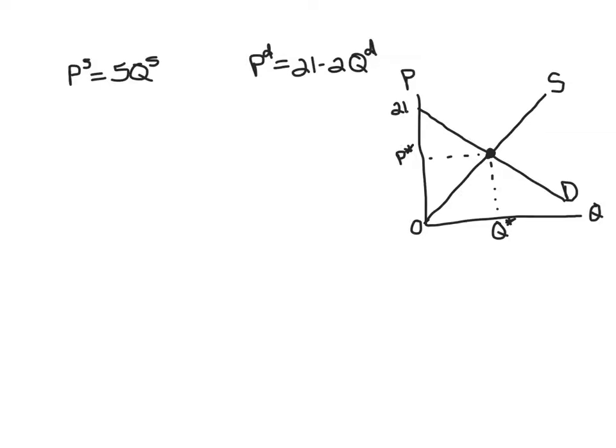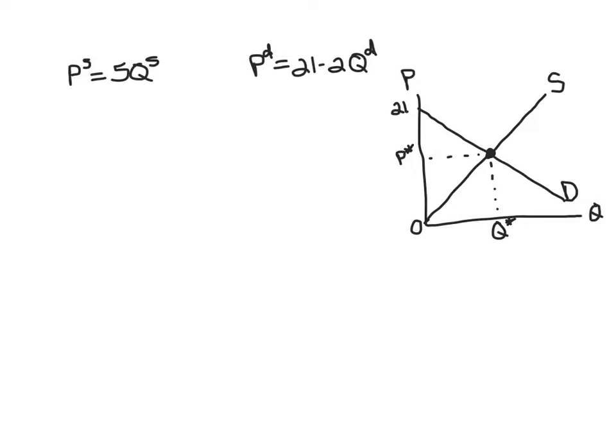So there's a couple ways we can actually solve for Q star, P star. One way would be to set the supply equation equal to the demand equation. In other words, figure out what is the price and quantity at which these two equations are the same? So let's see how that would look.